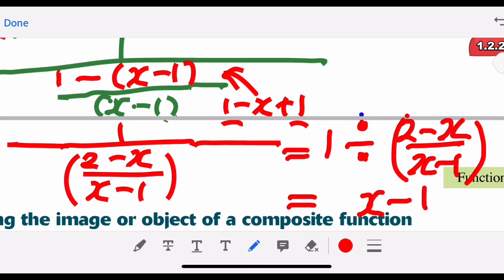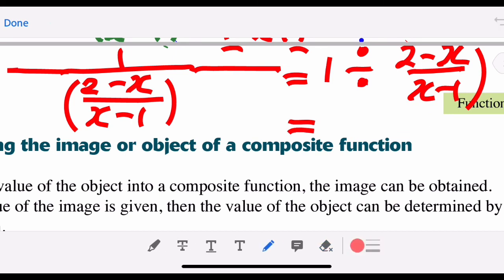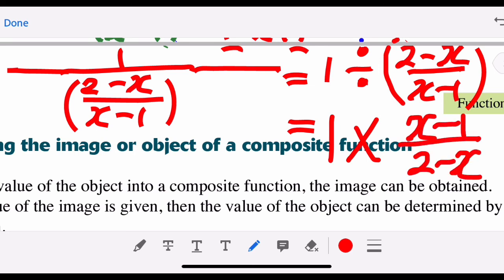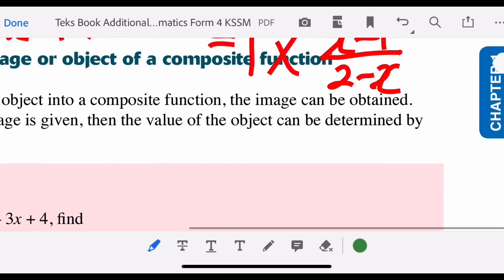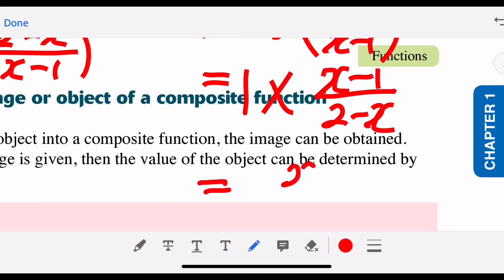It becomes multiplication. Let me show you. I have to write it like this. It becomes 1 times this whole thing, and you have to invert it like this.